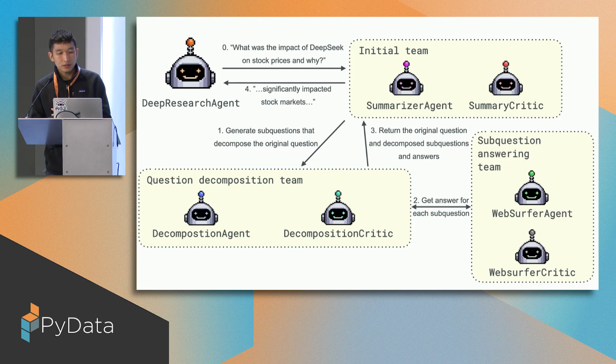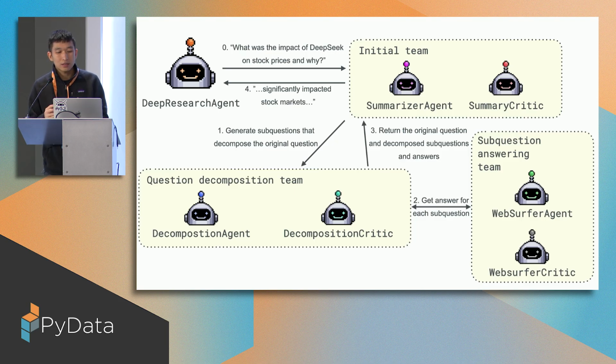Here, the deep research agent will answer a complex question like what was the impact of DeepSeek on sale prices and why. And after it takes that question, it will have a nested chat. First, an initial team of 2 agents, one called the summarizer agent and one called the summary critique. The summary agent will further have two other agents as sub-agents.